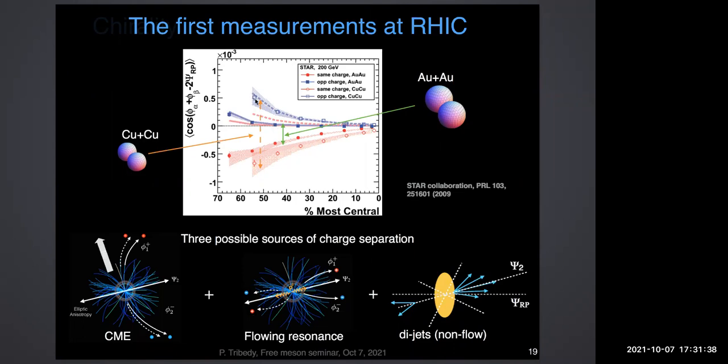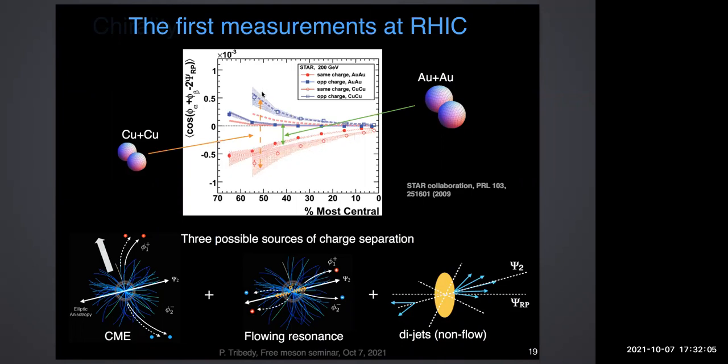So we are looking at one phi angle for a positive particle and the other for a negative one. They are above 0 here. And then the solid circle is again for gold-gold, but for same sign. We are looking at one particle being negative and the other also negative. That's for gold-gold. And then this open red is for copper-copper.